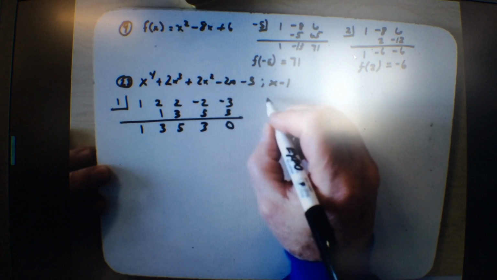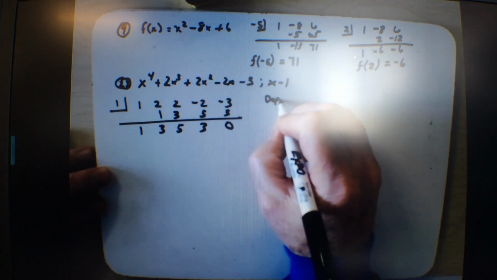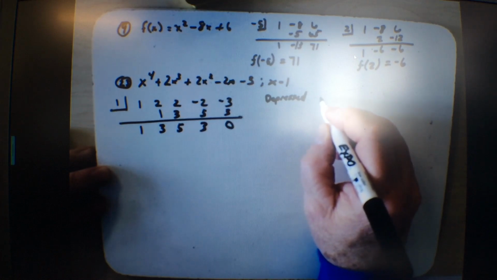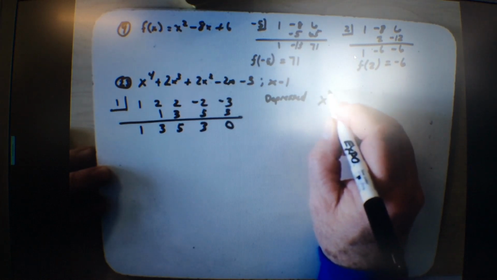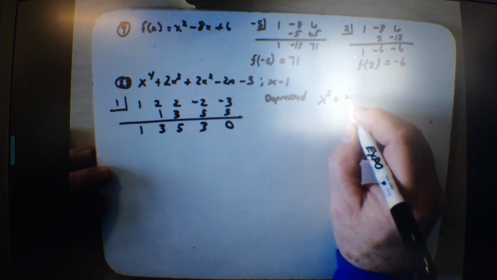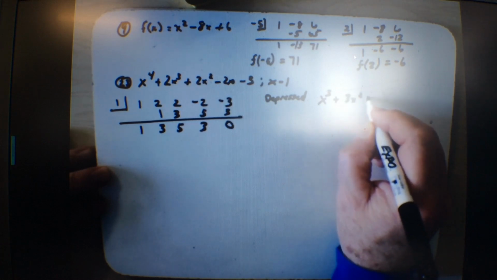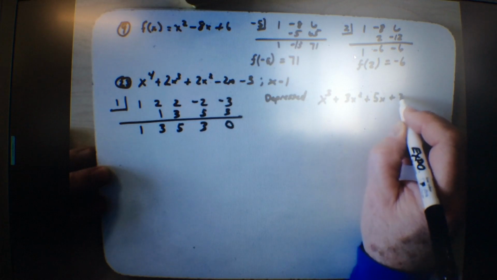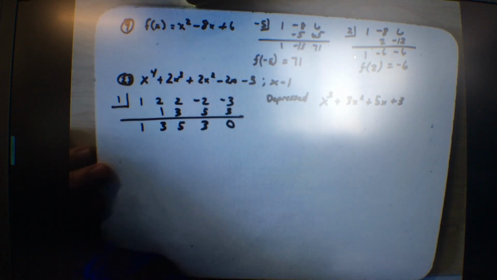So the depressed polynomial is what? X to the third plus 5x plus, alright. Nope. This is the problem.